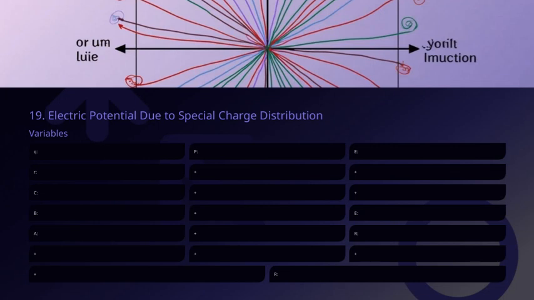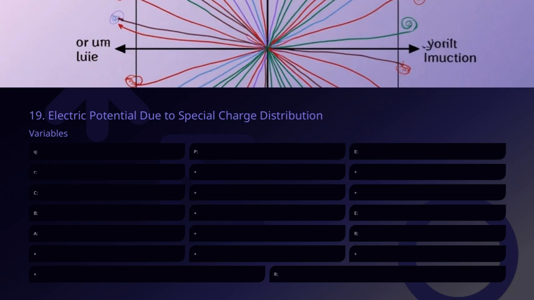Let's take a closer look at the electric potential due to a special charge distribution. When dealing with charge distributions that are more complex than a single point charge, we often need to consider how the potential varies throughout space. In this case, the key idea is that the electric potential at a point depends on how the charges are arranged and their distances from that point.